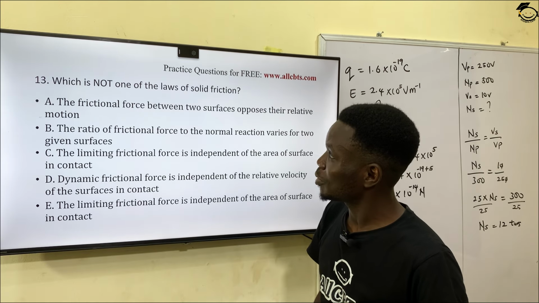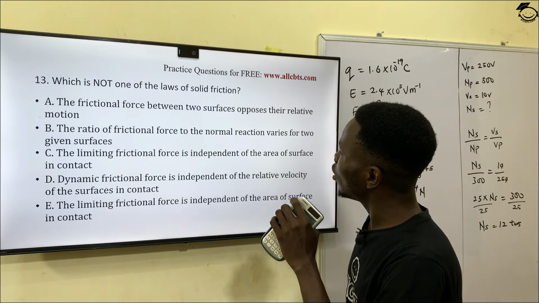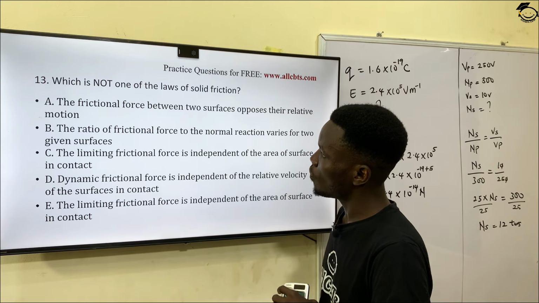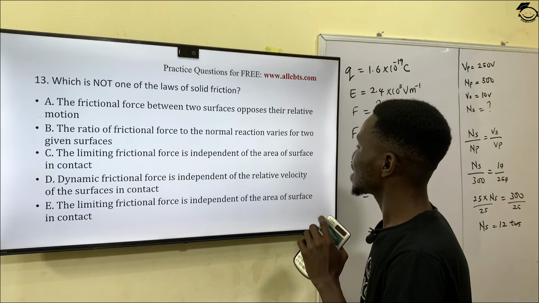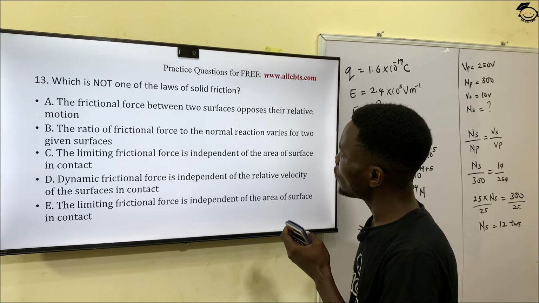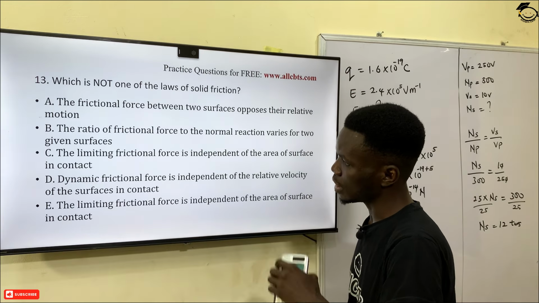So that takes us to question number 13, which says, which is not one of the laws of friction? Option A says the frictional force between two surfaces opposes their relative motion. Option B says the ratio of the frictional force to the normal reaction varies for two given surfaces.